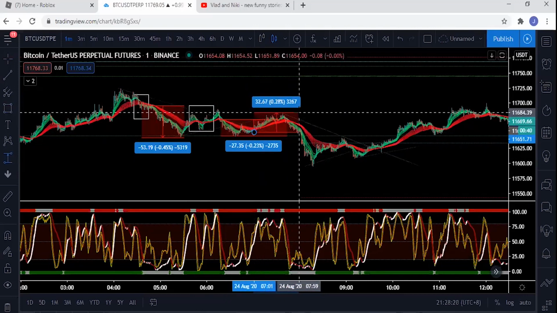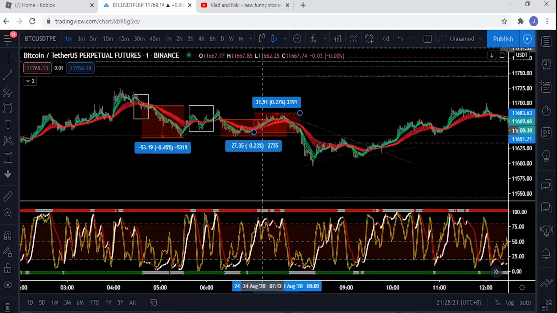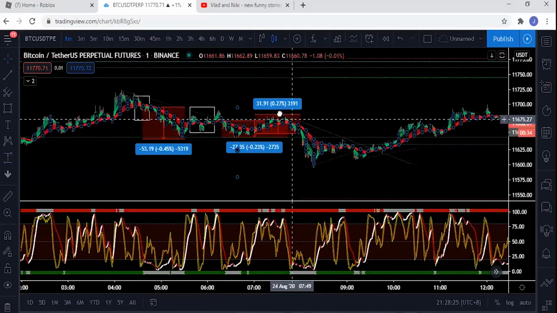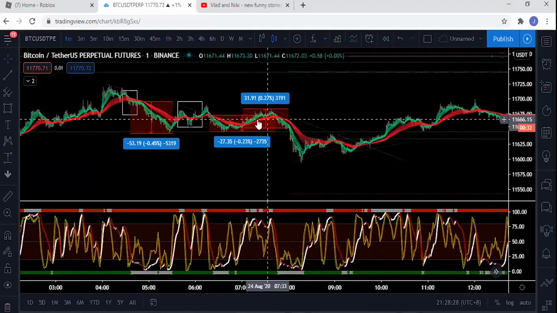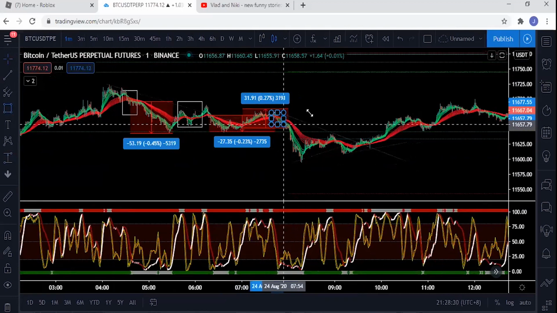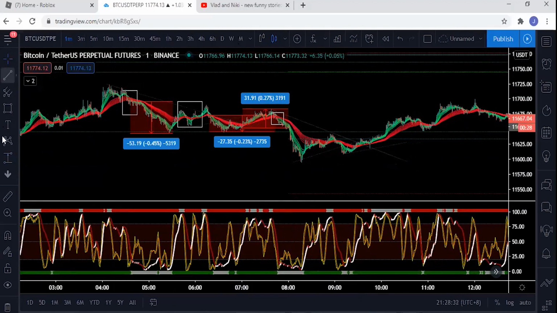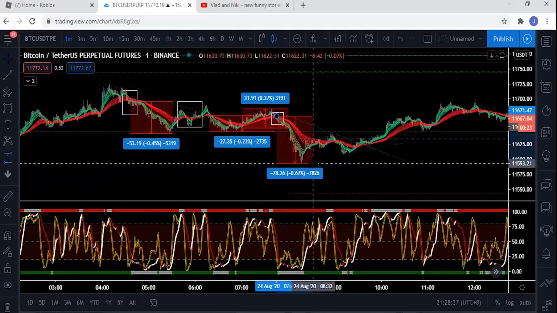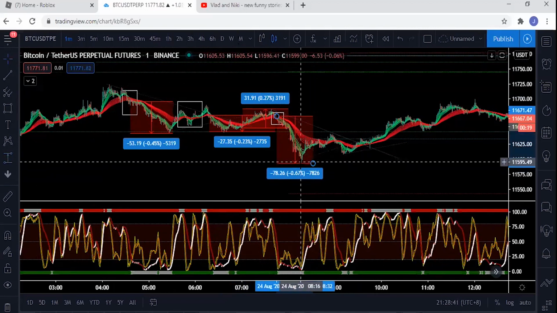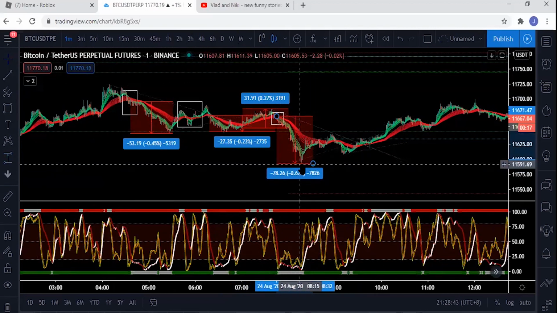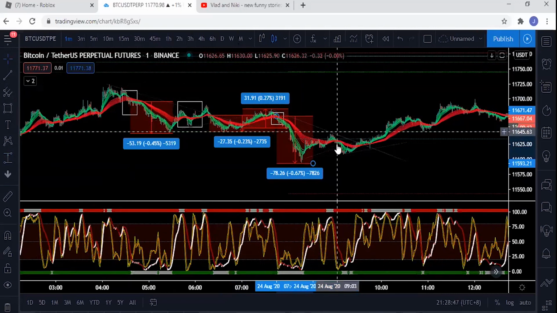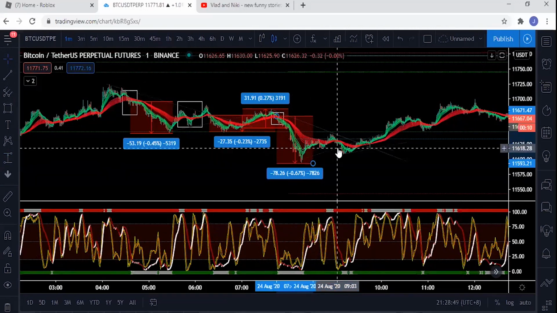And then I can entry long here, exit here, then from here another crossover, this one I can entry short and then exit here in oversold. So this can be my entry, but I am a conservative trader, so I will wait for another cross in my waves. So where am I going to entry here?